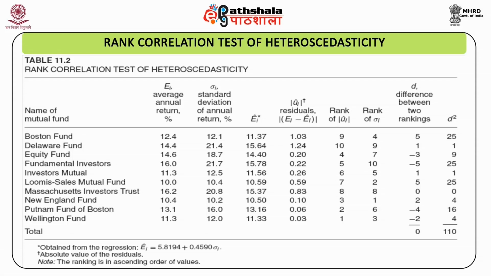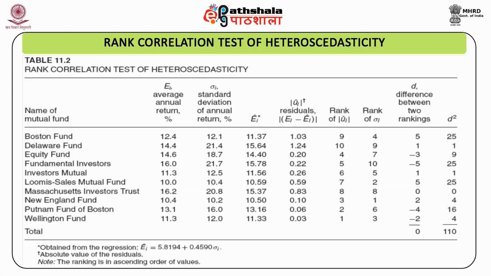Applying the t-test given in the formula 2, we find t is equal to 0.3333 multiplied by root of 8, divided by root of 1 minus 0.1110. This will come equal to 0.9998.